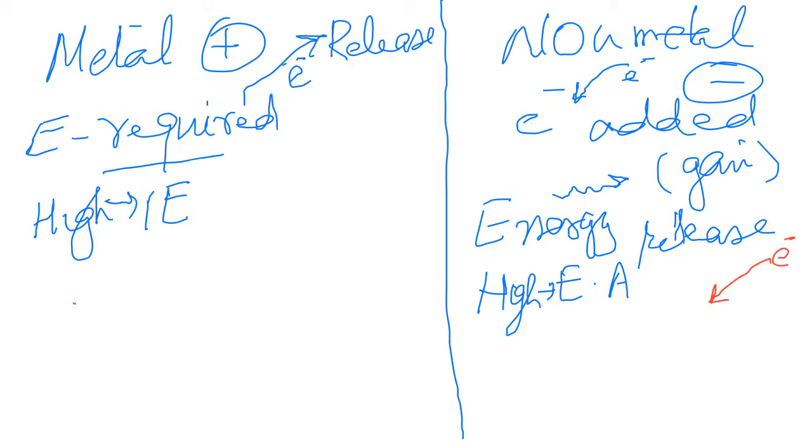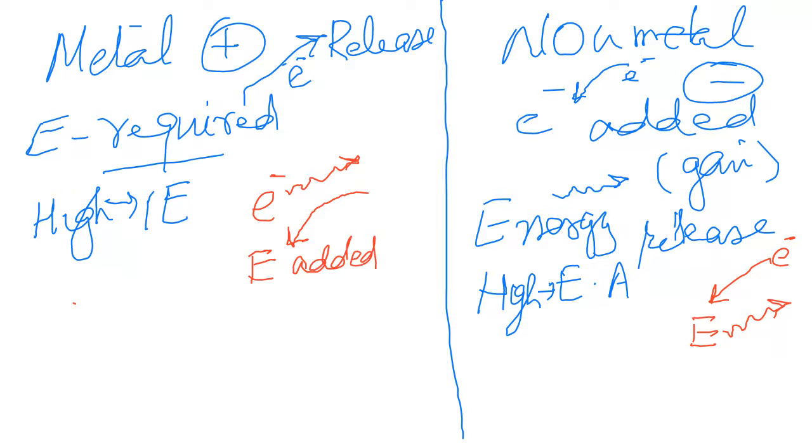Electron is added, energy is released. But here the electron is released and energy is added, which means required. This is the difference.